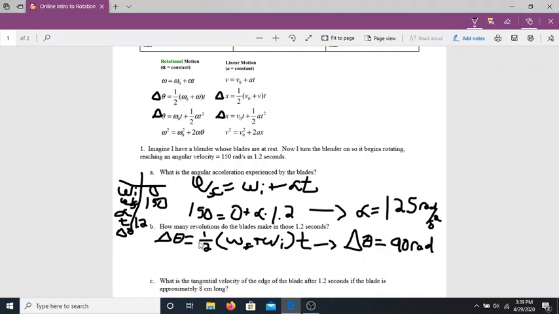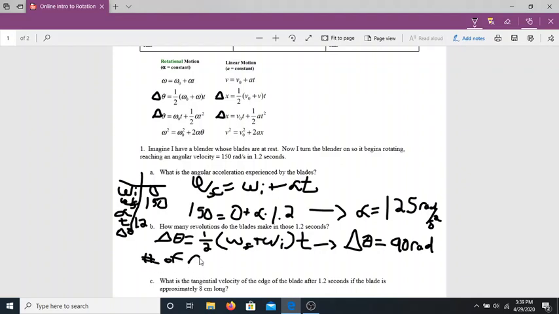Now, that's not super useful to us, but we can take that 90 radians and turn it into the number of revolutions pretty easily. How we do that is we think about how many radians I cover in one full revolution. Hopefully you remember that a full circle is 360 degrees, or in radians, 2 pi. So to calculate the number of revolutions, we take the number of radians I traveled.